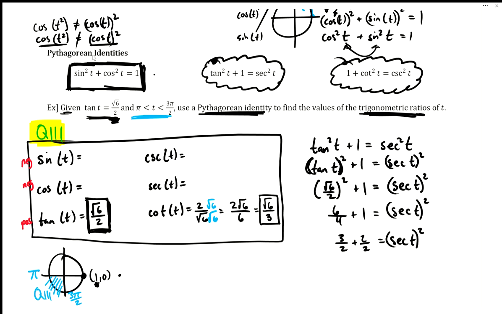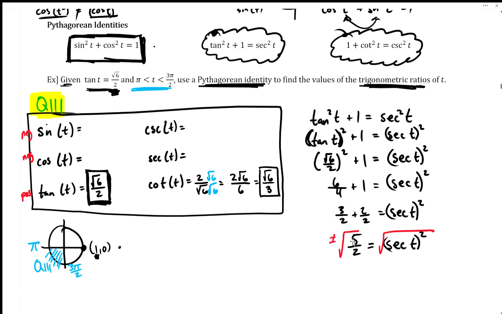There we are. And then 3 over 2 plus 2 over 2 is 5 over 2. So 5 over 2 is secant of t squared. All right, and then now I need to square root both sides. Remember, when you square root both sides of an equation, the numerical part needs a plus or minus on it. So plus or minus square root of 5 over 2.